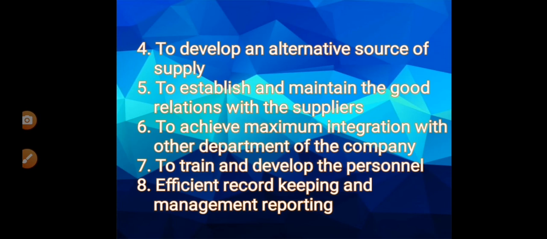Financial department for the purpose of maintenance level of materials and estimating the working capital required. Personnel department for the purpose of manning and developing the personnel of purchase department and maintaining good vendor relationship.